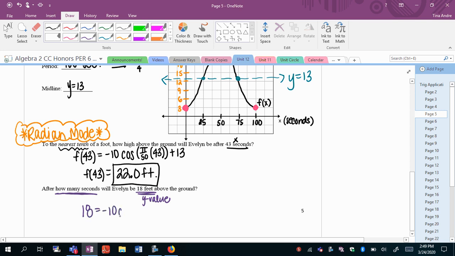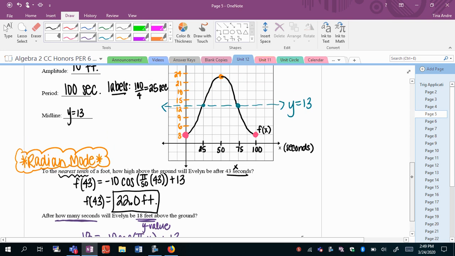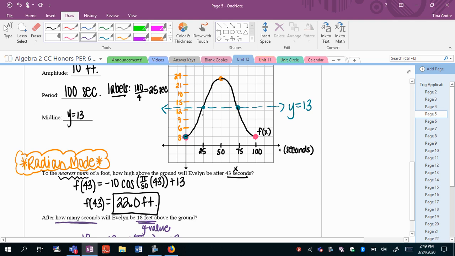So when does the function f of x end up equaling 18? For this, of course, I would try going to my graph. Unfortunately, we don't have a specific height of 18. We see it's happening in a couple places, here and here, but I don't know exactly what that value is.